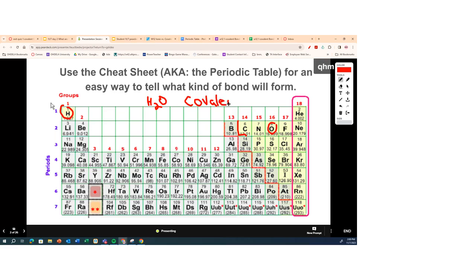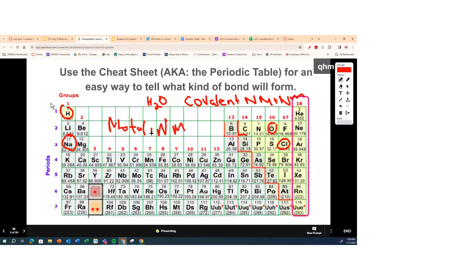If it's a metal, like Na is a metal and Cl is a non-metal, so this is non-metal and non-metal, and here it's a metal and a non-metal.